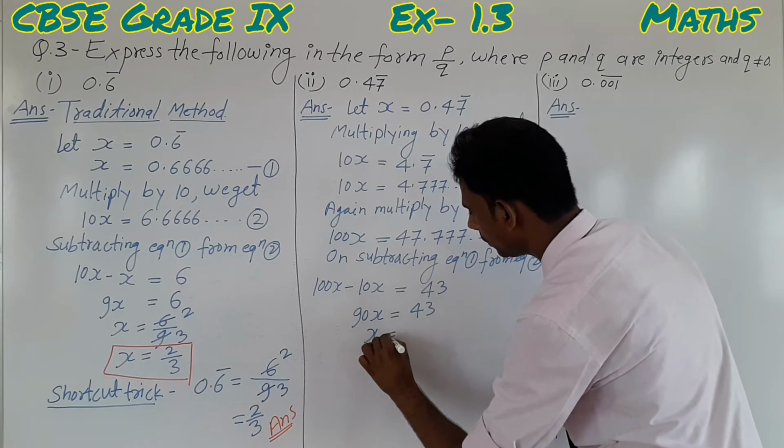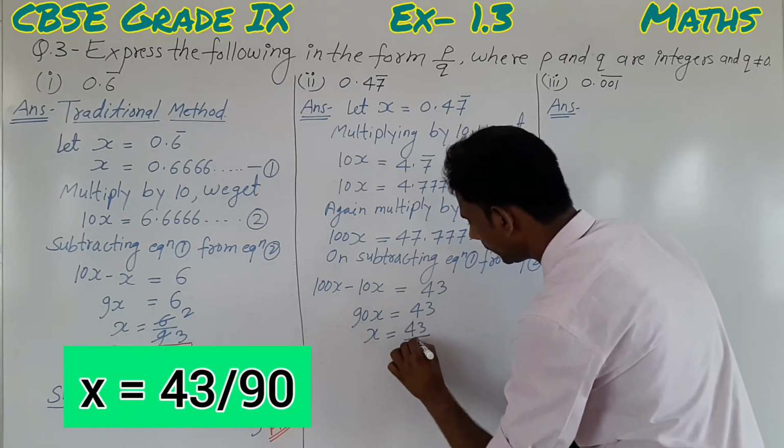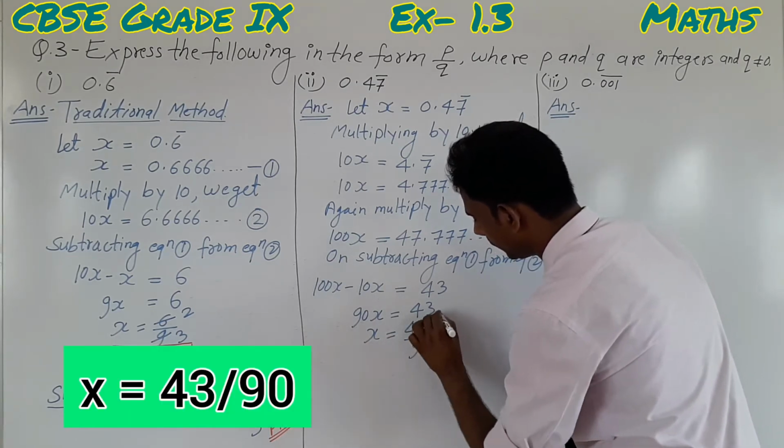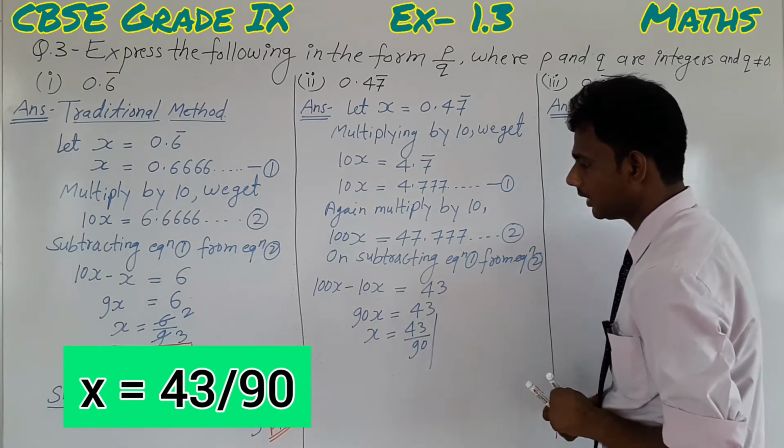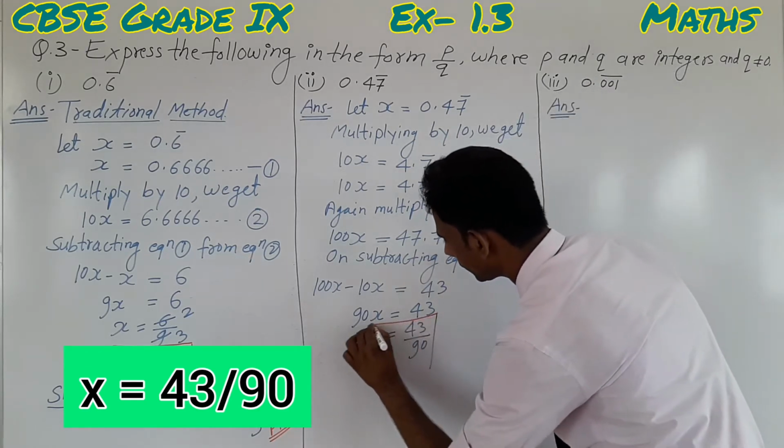Now x is equal to 43 upon 90. This is the fraction form of 0.47 bar.